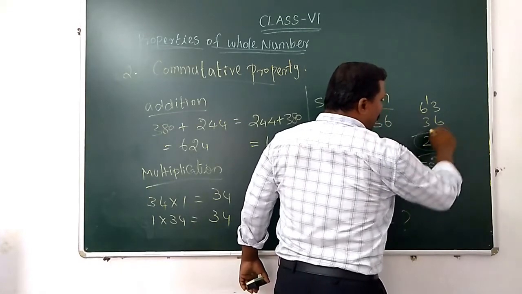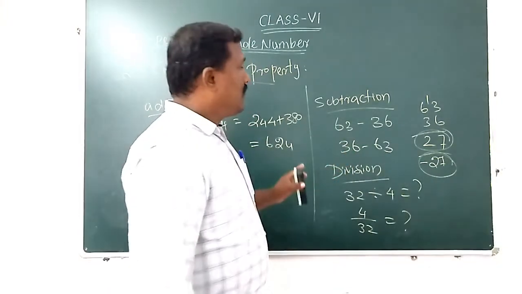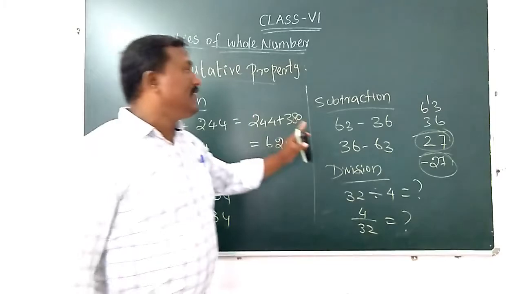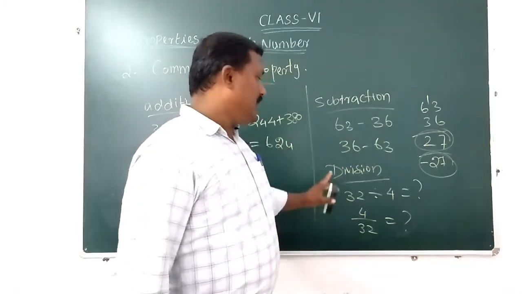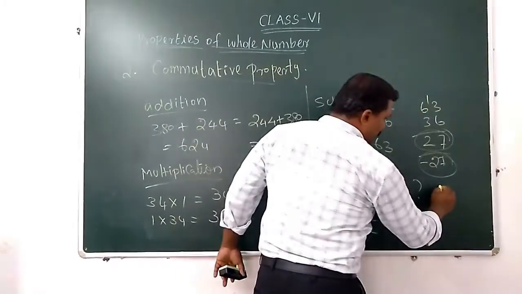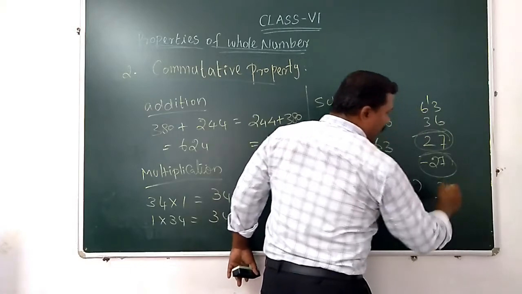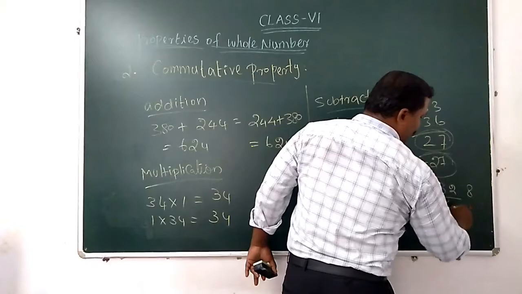So this is not a whole number, but 27 is a whole number. So the answer is different. So the commutative property is not true in subtraction. Okay, then division. If you divide 32 divided by 4, how many 4s? 8 4s are 32.